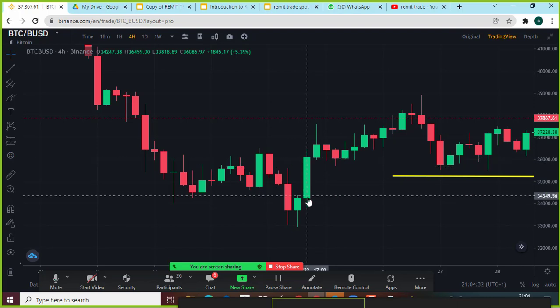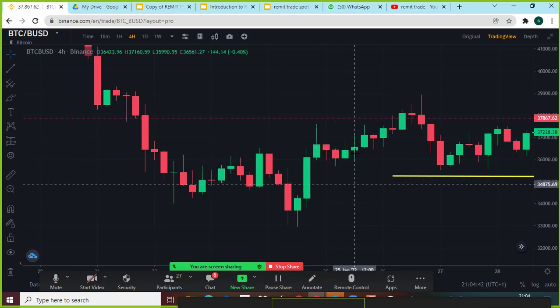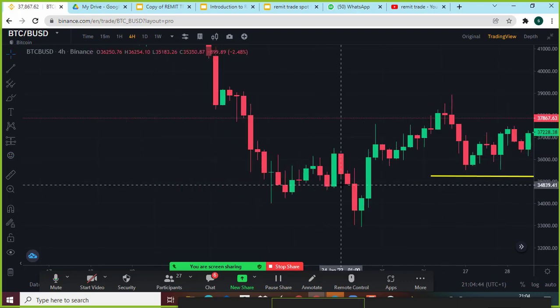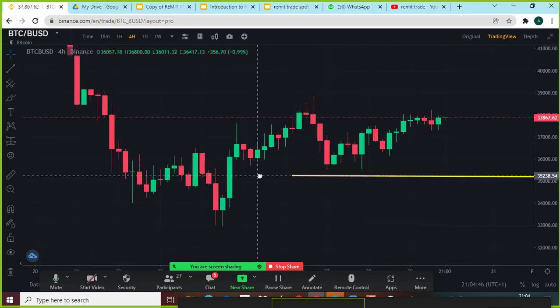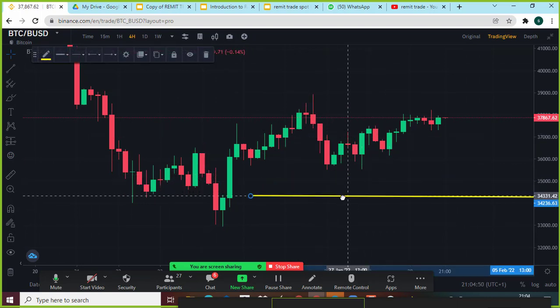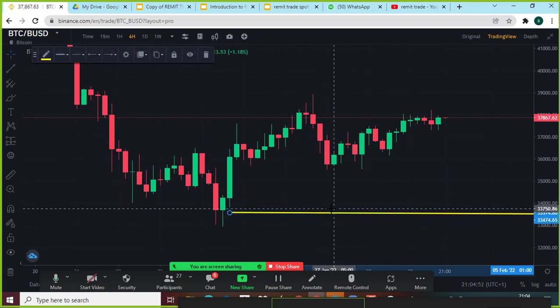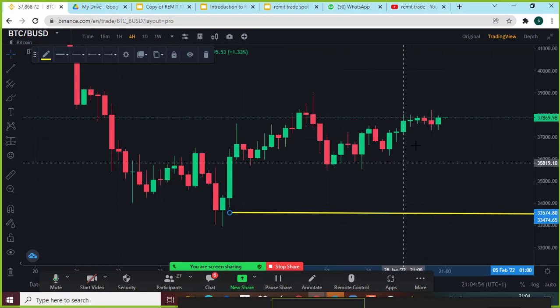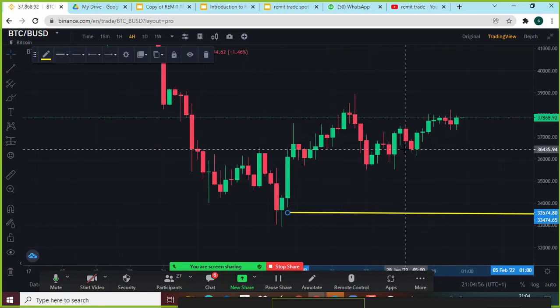So we have the open, the close, the upper wick, the lower wick, the lowest point that price gets to and the highest point that price gets to. These are the candlestick infrastructure that you need to understand so that it will help you read your market properly.